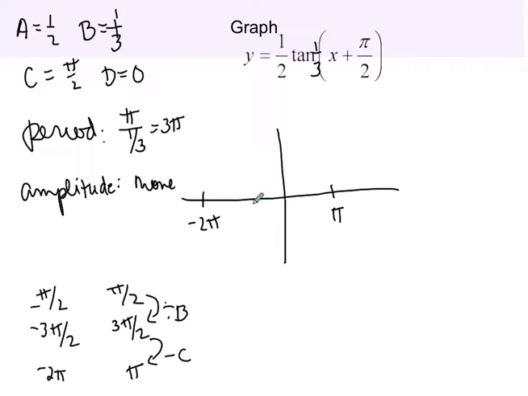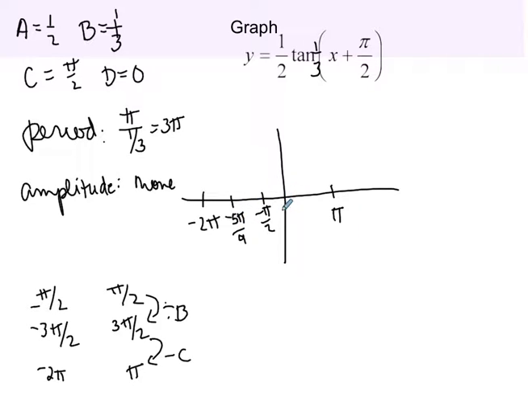So negative 2 pi plus pi is negative pi, divided by 2 would be negative pi over 2. Now I'm going to find my midpoint here. Negative 2 pi plus negative pi over 2 would be, let's see, negative 4 pi over 2 plus negative pi over 2 would be negative 5 pi over 2, divided by 2, negative 5 pi over 4.